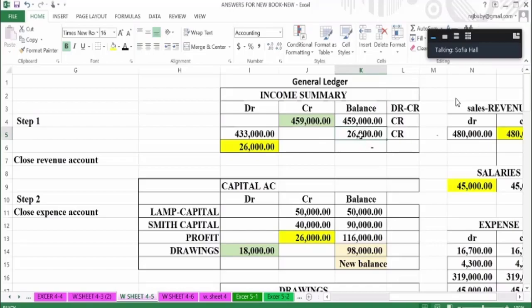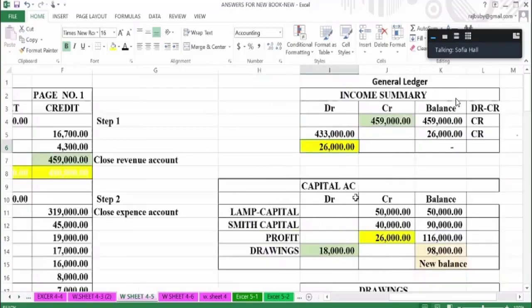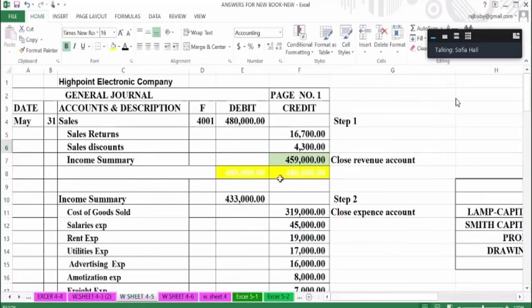If you want to close it, you have to put it in the debit side. Then the next entry is going to be in the capital account in the credit side. In that case, the profit we are transferring to the debit side in the income summary account and the credit side in the capital account. That is the third one. You understand, right? You can do it this way too, but see, this is your total.